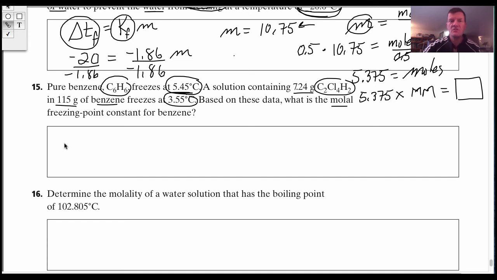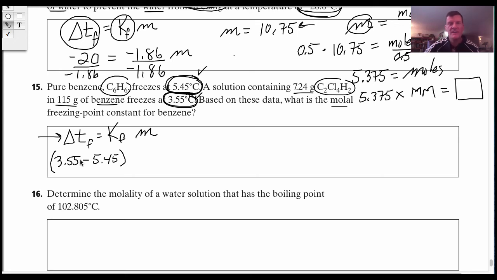So again, all we're doing is using this formula. It is telling you the original freezing point, but now it went down to this, so they're giving you the change by telling you the original and the new. So let's find out how much it went down by. 3.55 minus 5.45 will give you the depression, how much the freezing point went down by.